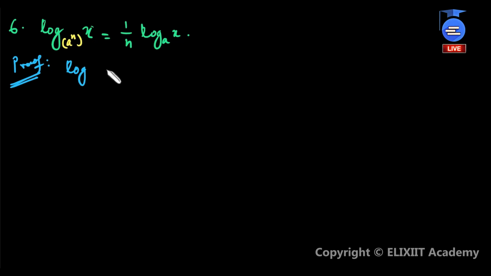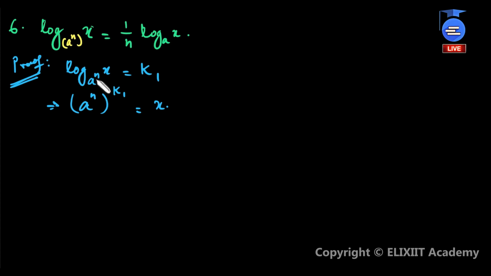Log x base a to the power n, let's say this is equal to k1. Use anti-log, convert this to anti-log. So we have a to the power n raised to the power k1 is equal to x.